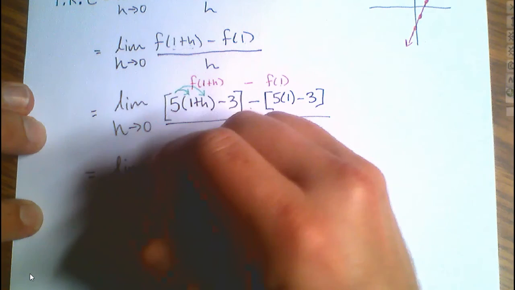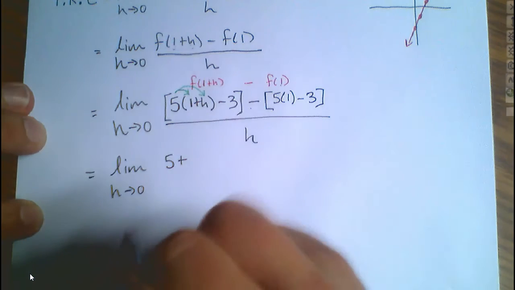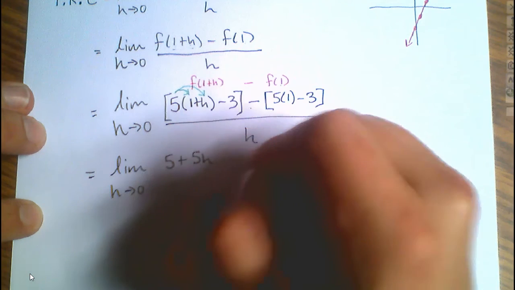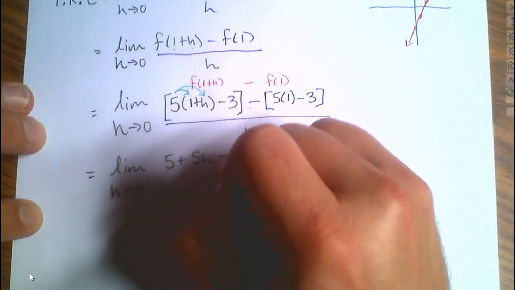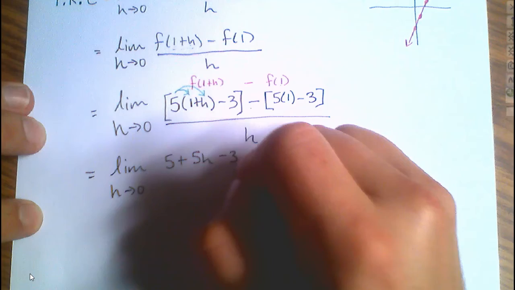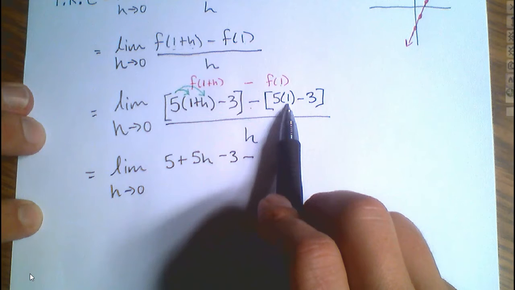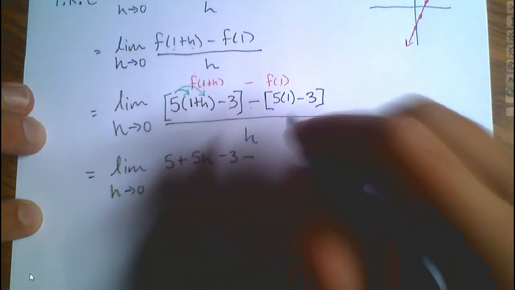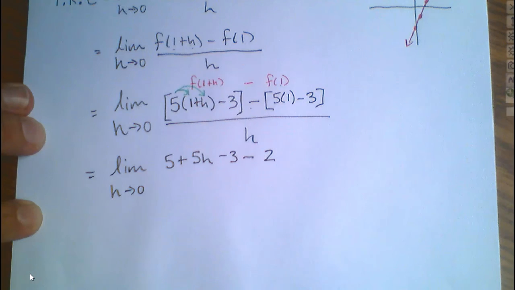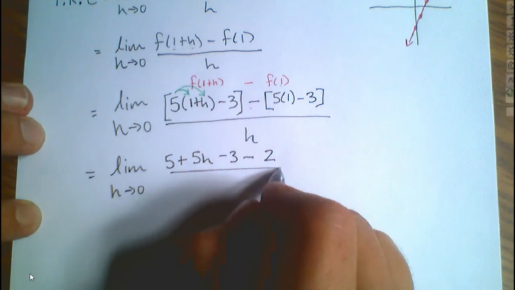So we'll have 5 plus 5h minus 3 minus, now let's just calculate this. 5 times 1 is 5. 5 take away 3 is 2. All over h.